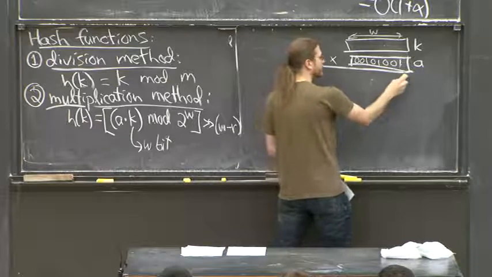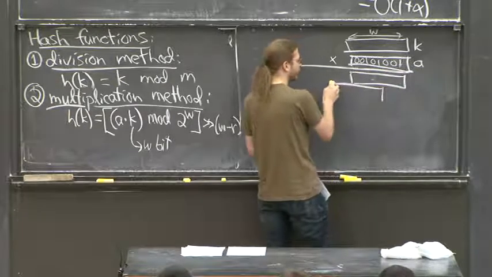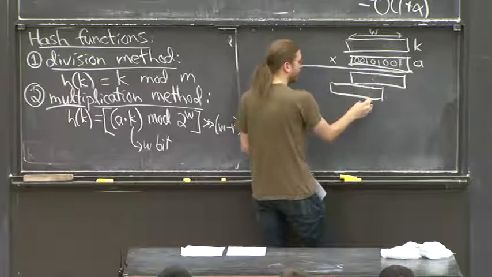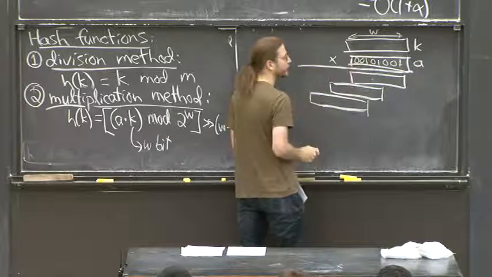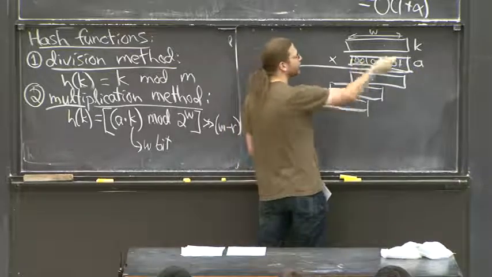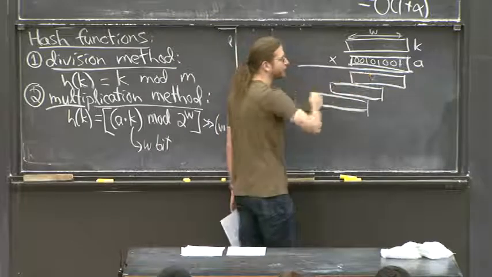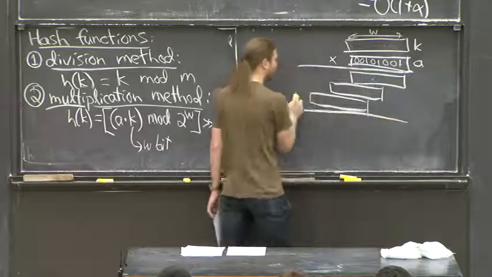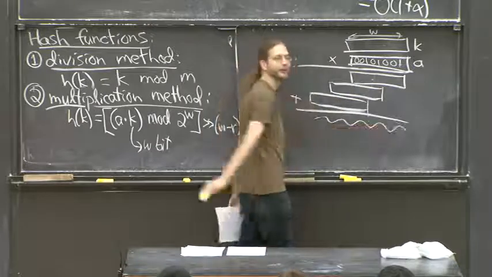So I'm going to take 1 copy here because there's a 1 there. I'm going to take 1 copy here because there's a 1 there. And I'm going to take 1 copy here because there's a 1 there. And on average, half of them will be 1s. So I have various copies of k, and then I just add them up. And stuff happens. I get some gobbledygook here.